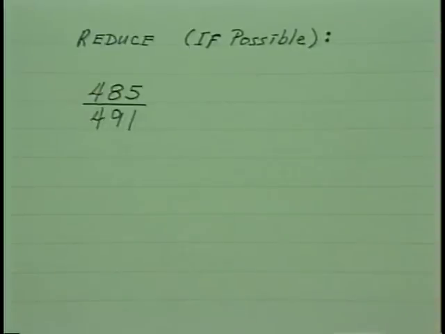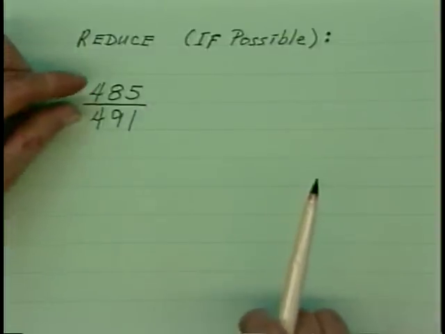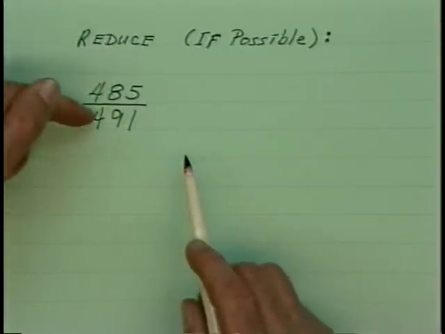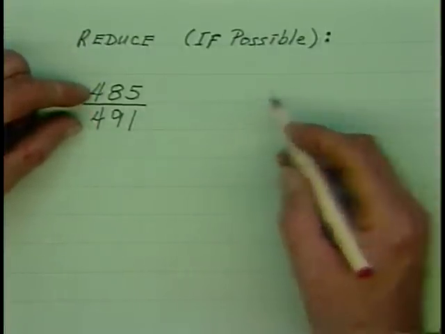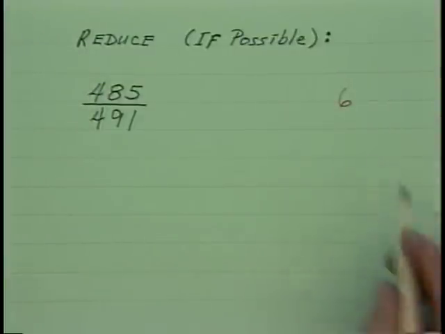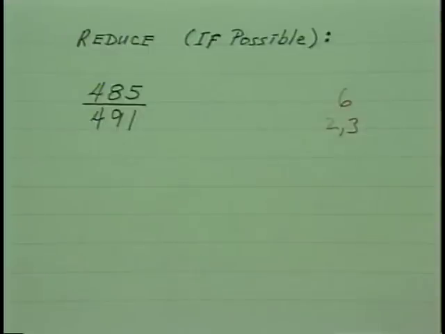Let's try another one. This is even a better candidate for this technique because the two are even closer to each other. 485 subtracted from 491, we can see, is 6. And the only prime divisors of 6 are 2 and 3.